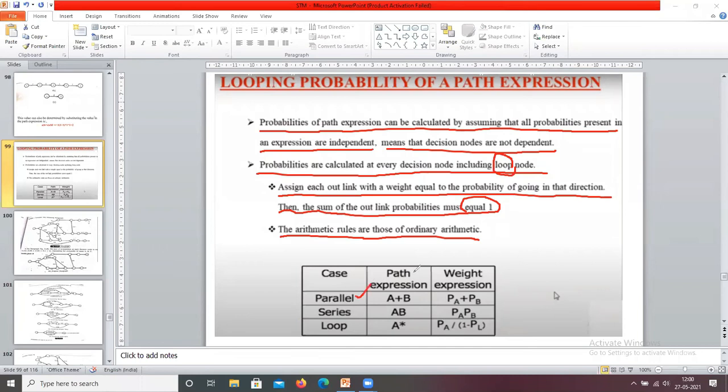For the parallel case, the expression is a plus b. For series, a into b. For loop, a star. Already we know this.